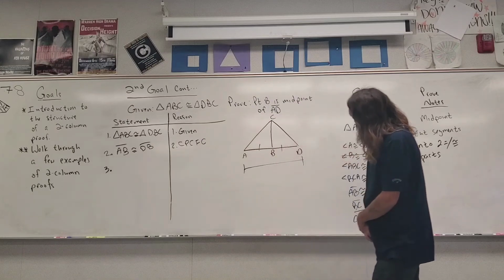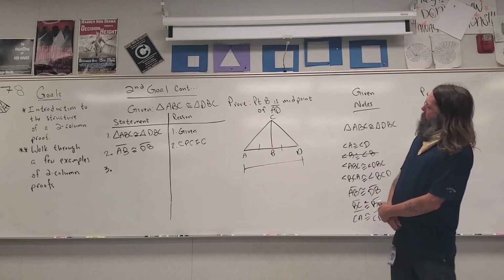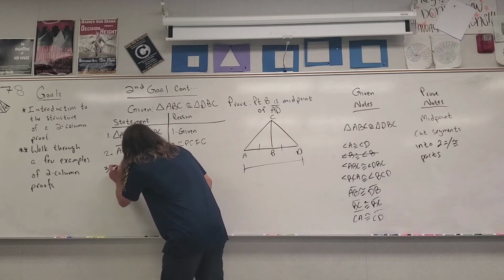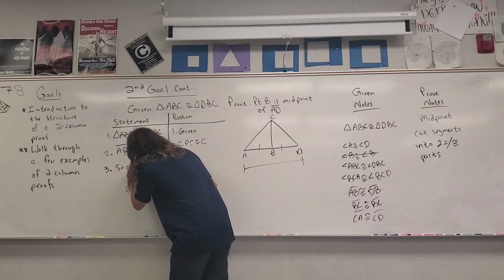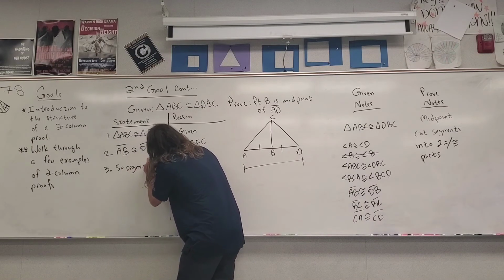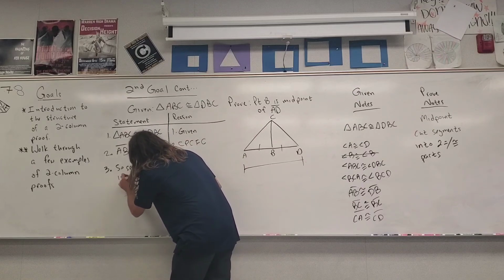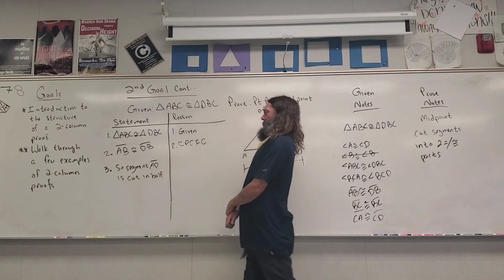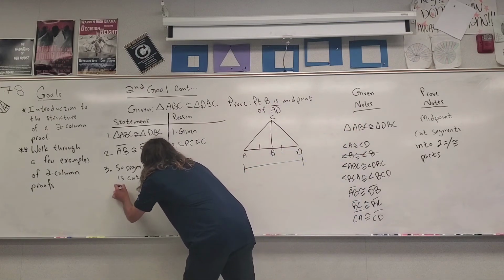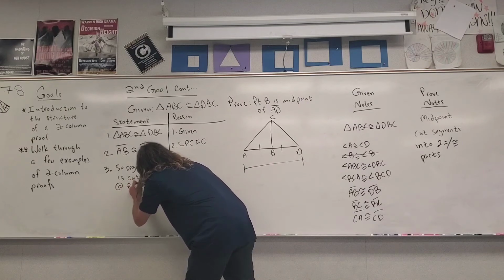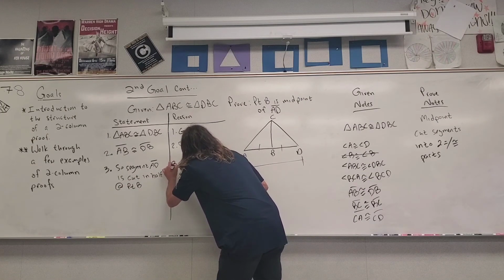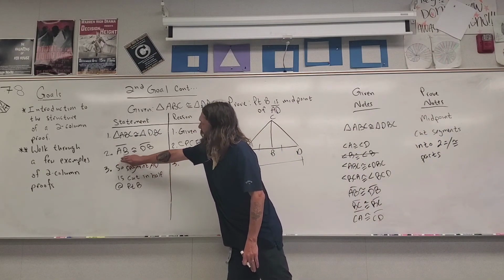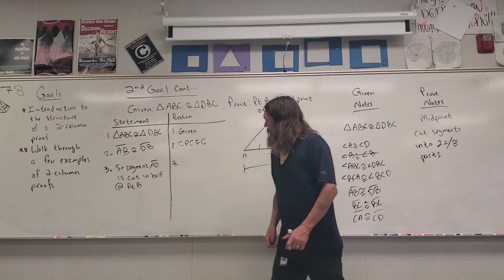So let's see here. How do I articulate this? And I know that segment AD got cut in half at point B because segment AB and segment DB make up segment AD.